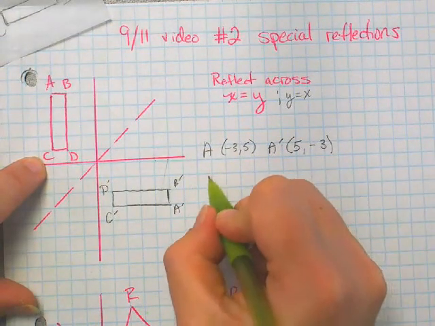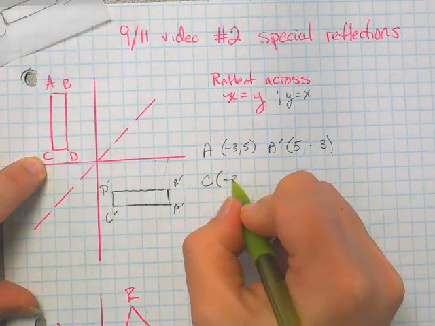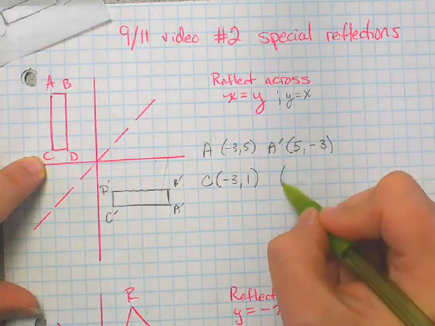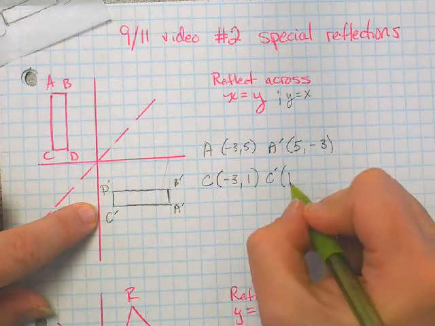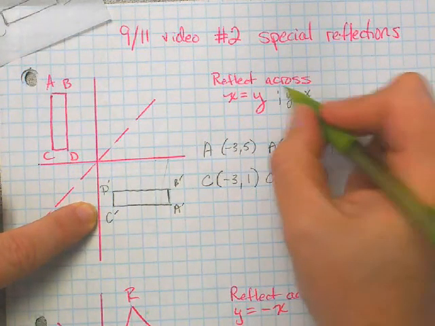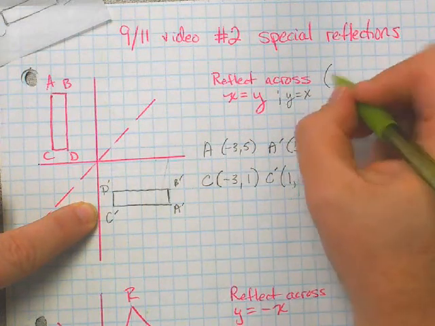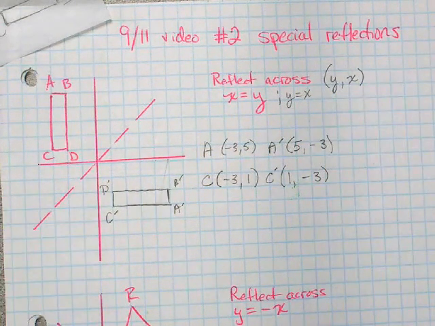Let's try it with C. Our C value was at -3, 1, and our C prime value is at 1, -3. So we have a rule now that when we're going to reflect across y equals x, we're going to have y, x as our new coordinates.